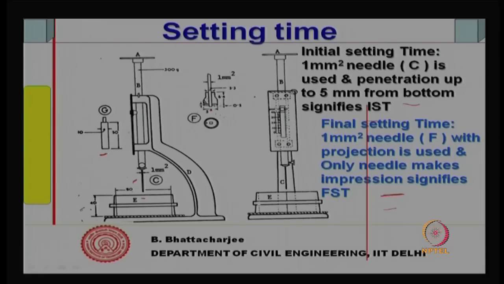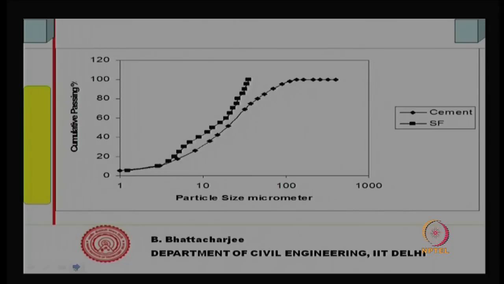That is called final setting time. When the tip penetrates but the outer end does not leave any mark, that we call final setting time. So, this is how we measure the setting time, and this is the concept of setting time of cement.